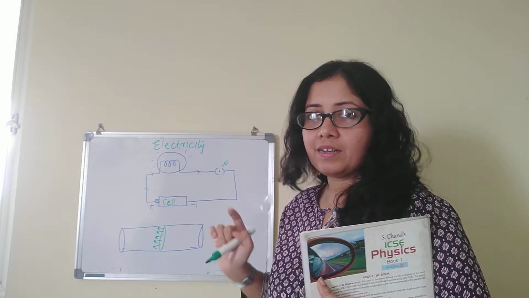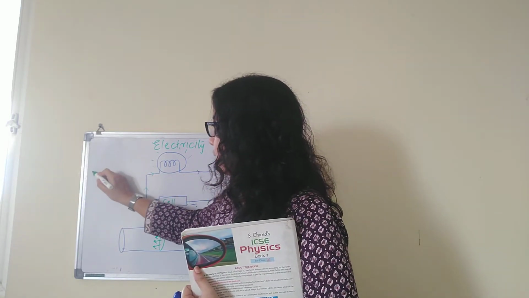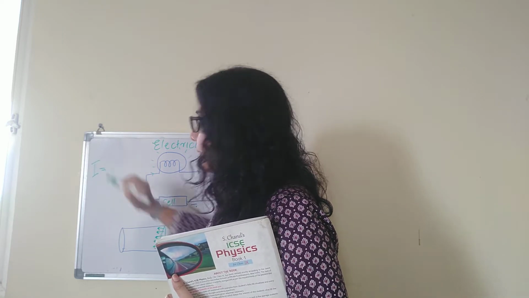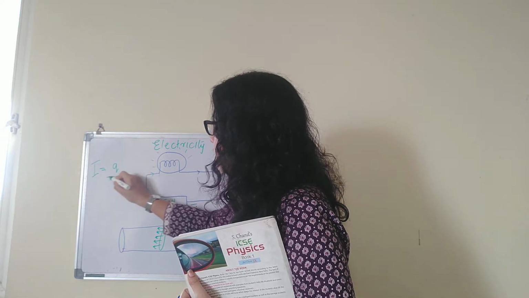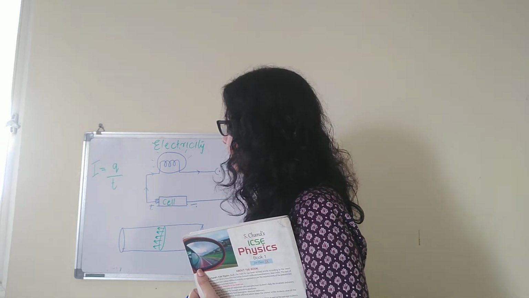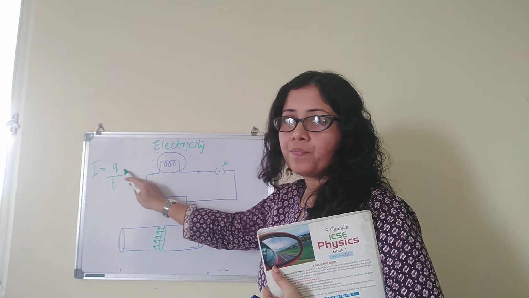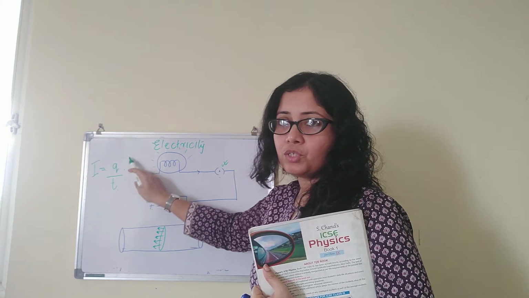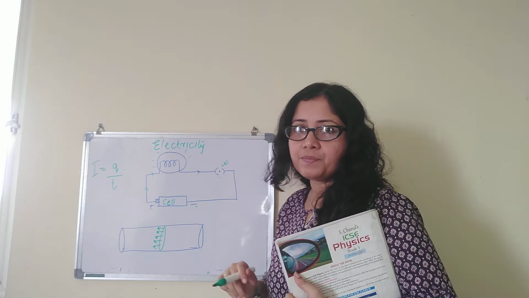That is current, okay? So if I ask you what is current, which is denoted by I, then you will say it is charge per second, where charge is denoted by Q and time is t. So charge per second is the current.